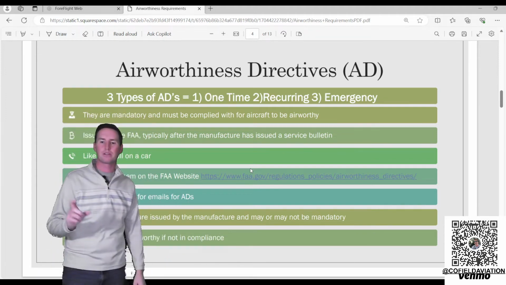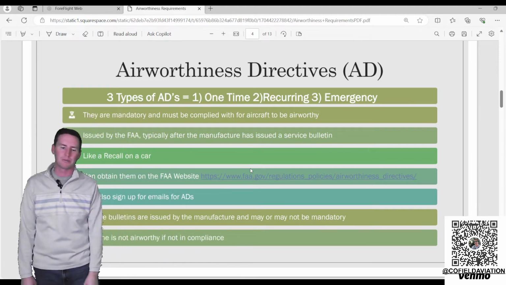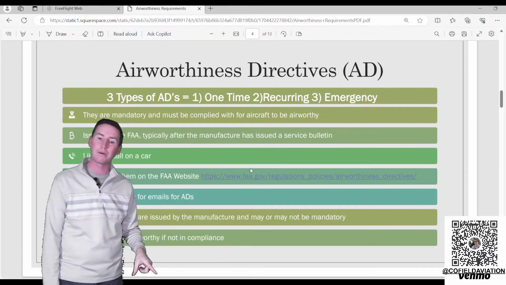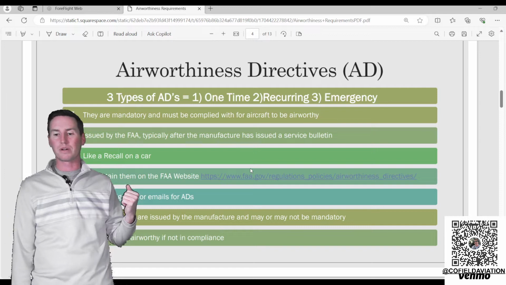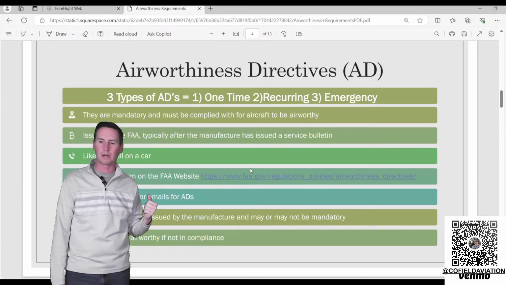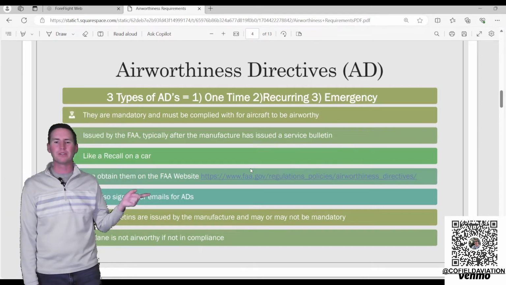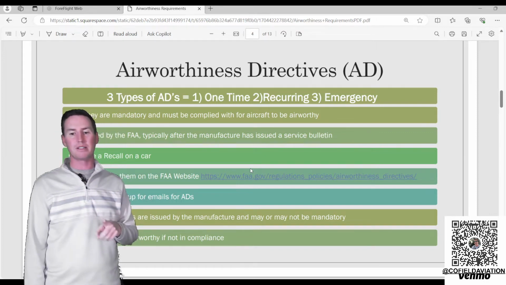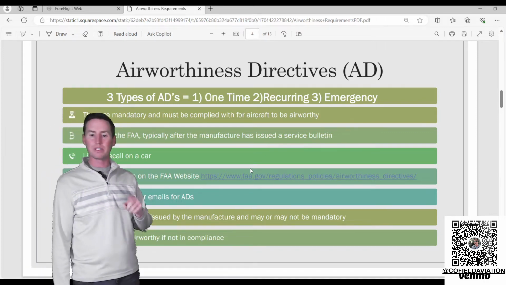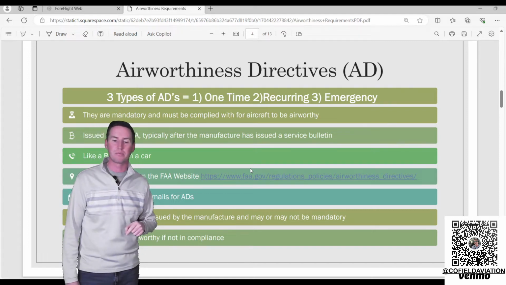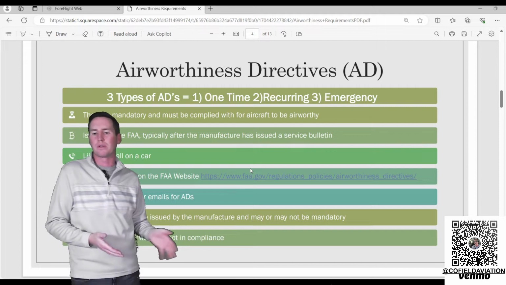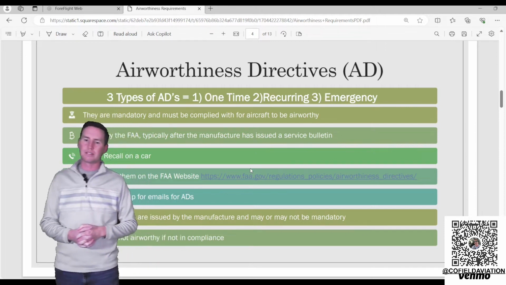So make sure that if you own your own airplane, you're keeping up with your flight time, even though you don't require a 100-hour. You might have a recurring AD that is required. Most of those ADs, a mechanic has to do. Now the Bendix switch one, actually, on the 172 Mike, a pilot can actually perform that AD, but all of that is outlined in the actual airworthiness directive itself.